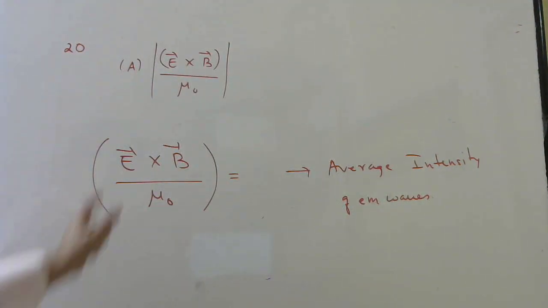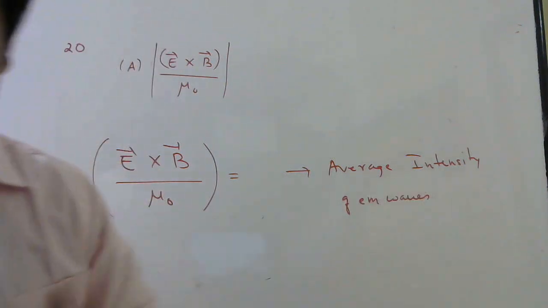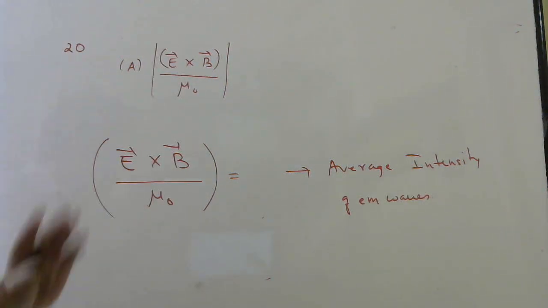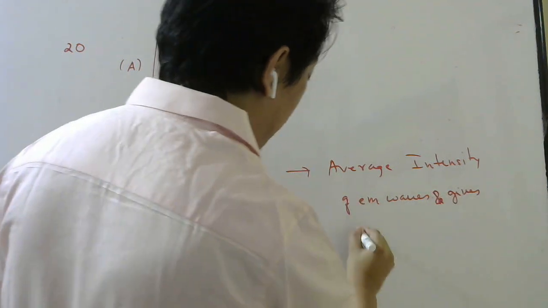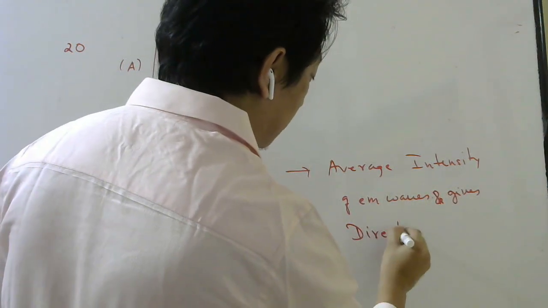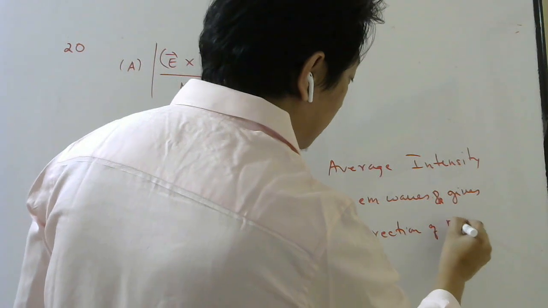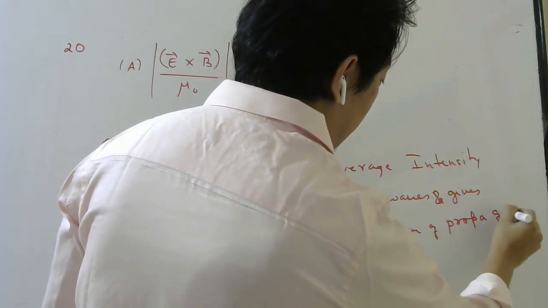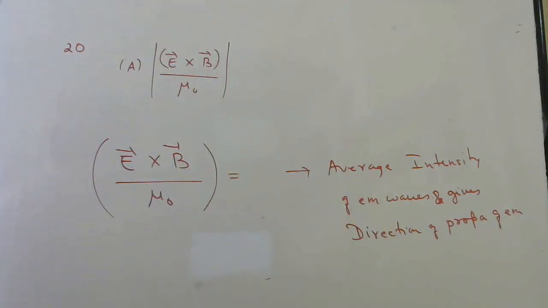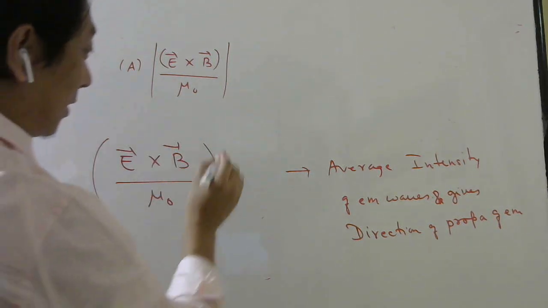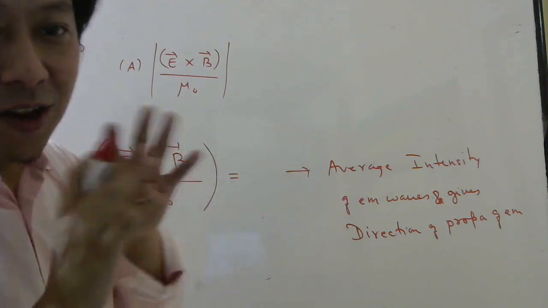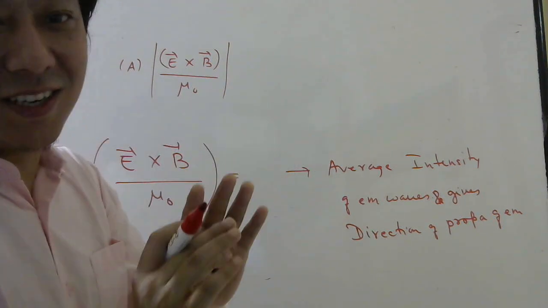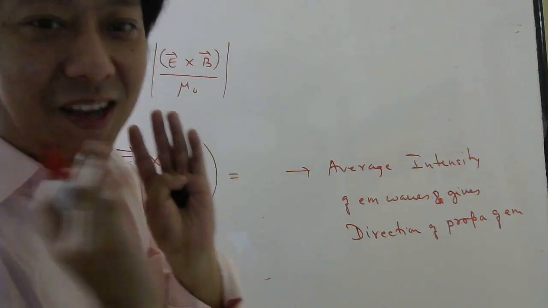So first of all, this represents the average intensity of EM waves if you take magnitude. Second, it also gives you the direction of propagation of EM waves. Okay, students. Since it is giving such an important quantity, when light is flowing, everybody wants to know what is the intensity, and in what direction it is moving.